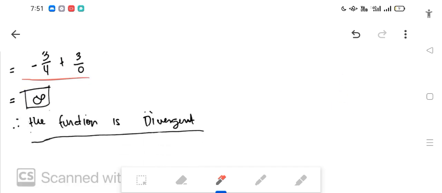And the limit is equal to infinity. And if the result after evaluating the definite integral doesn't have an exact value, and the result is infinity, therefore the function is divergent.